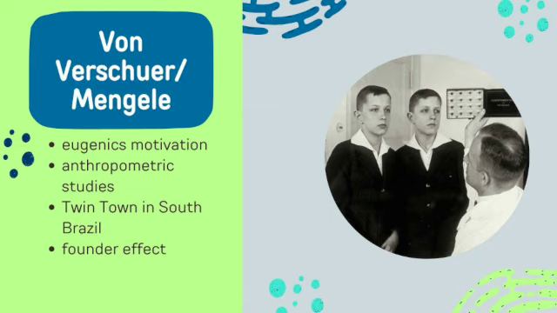I was reading up on this and wasn't able to find out exactly how it ended up being in Brazil, but due to the small scale of people that they had together, and then they were reproducing, now there's a whole town of twins in Brazil due to studies that happened in Germany. So I just thought that was really interesting.